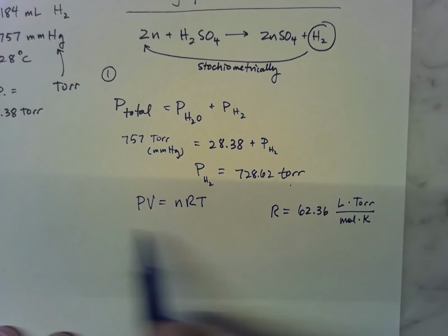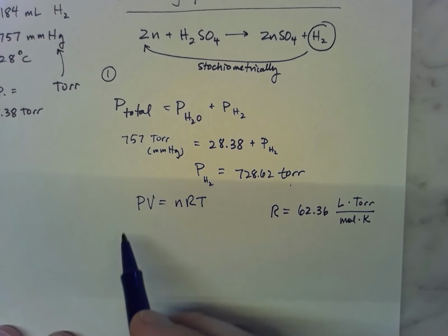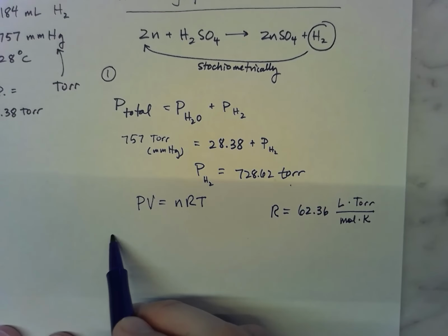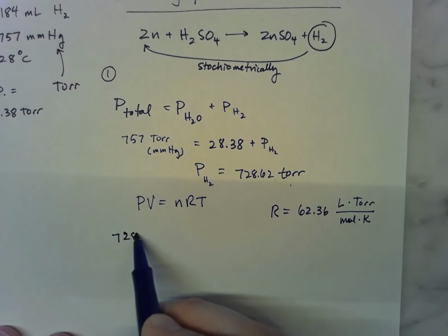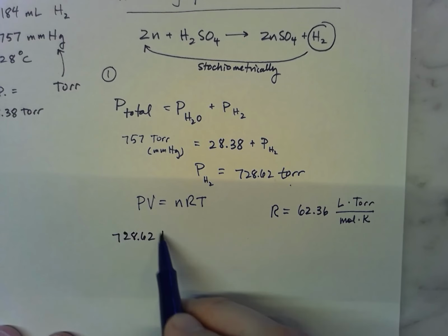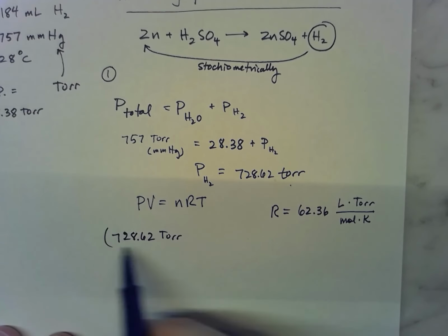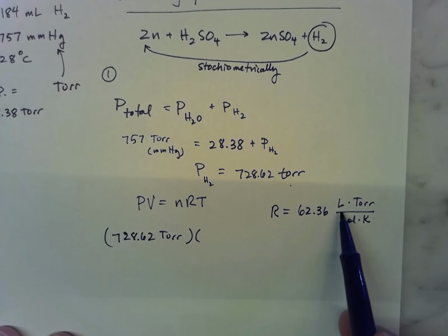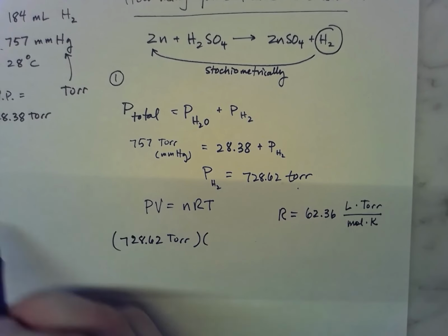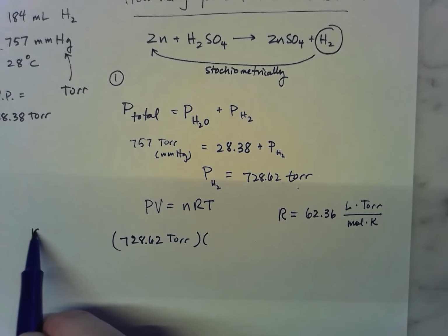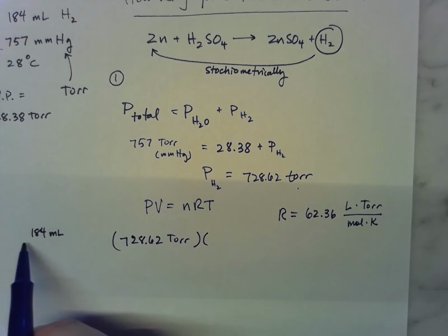Okay, so what's our pressure? We've got 728.62 torr. What's our volume? Note that this is in liters, so we need to convert that to liters. So we'll say 184 milliliters.